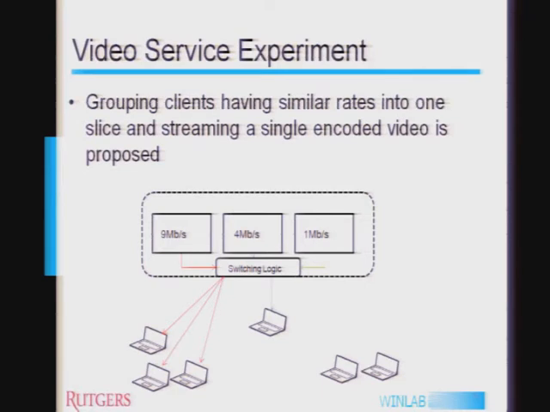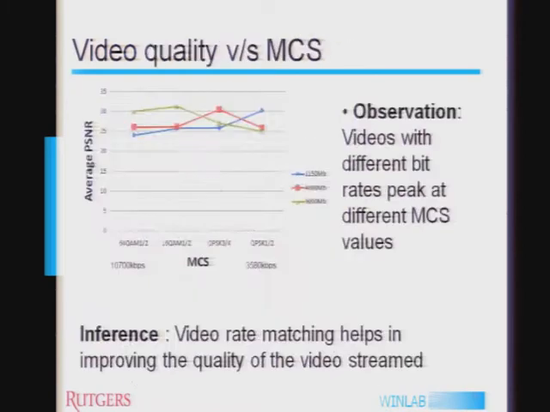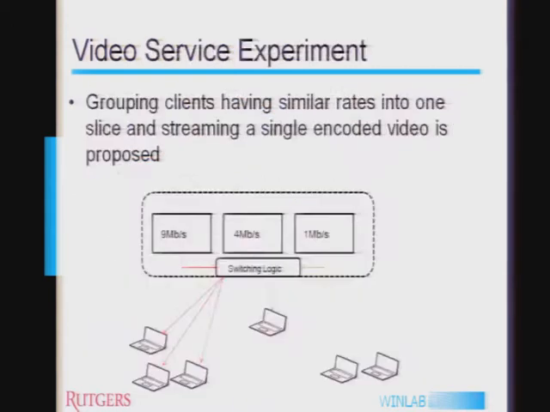And then as the client moves to a region where its offered rate is much lower, we stream a medium quality video. So that's the idea behind this. We switch clients from one slice to the other, depending on the rate offered to the client.